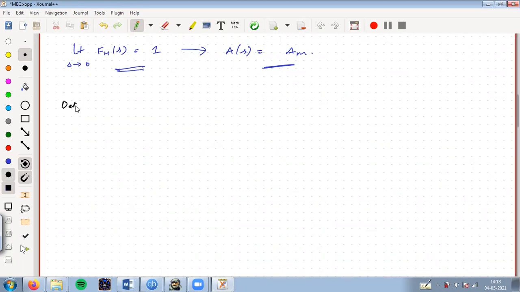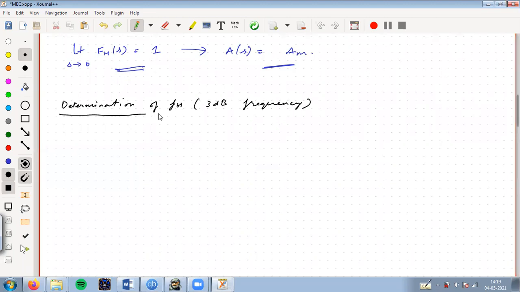Determination of FH. Remember, FH is also called the 3 dB frequency. Now, generally, when we look at the transfer function FH(s) for any amplifier, we don't take zeros into consideration.